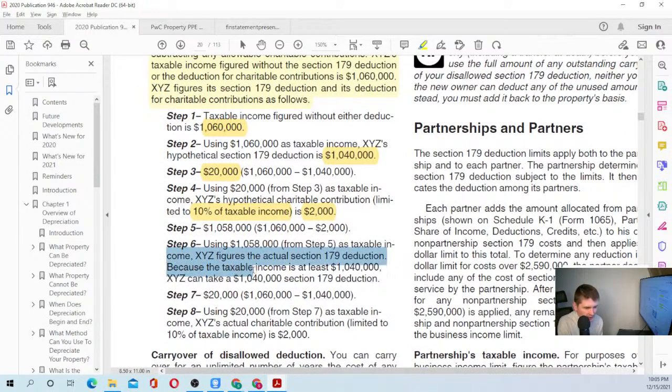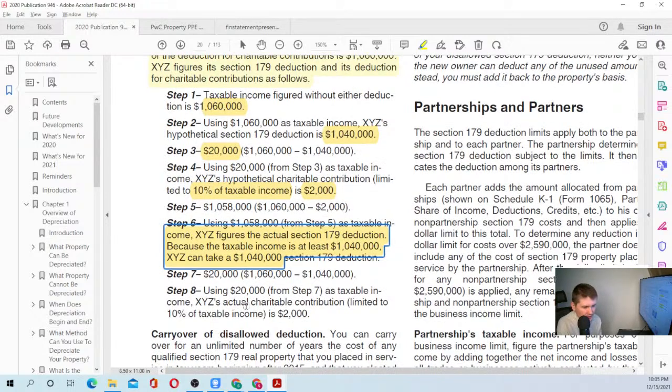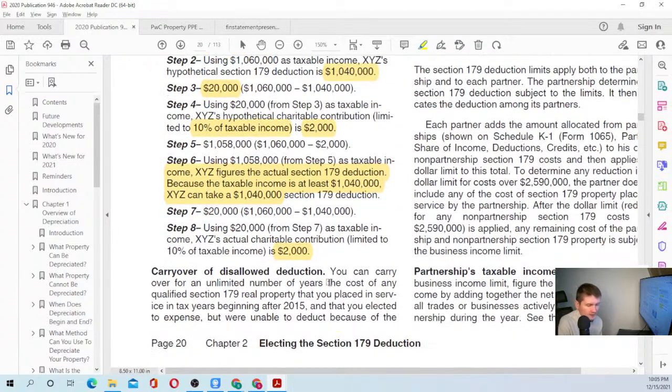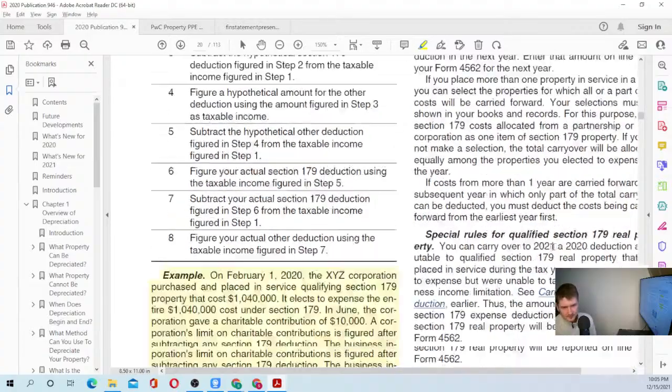Step 5, 158. That's the income for the Section 179 deduction. And because of that, we can take the full amount. So in this situation, we can take the full deduction for 179 and only 2,000 for charity. We can carry over for an unlimited number of years the cost of any qualified Section 179 deduction.